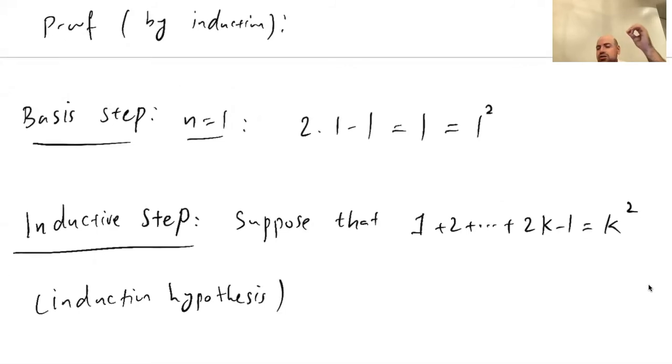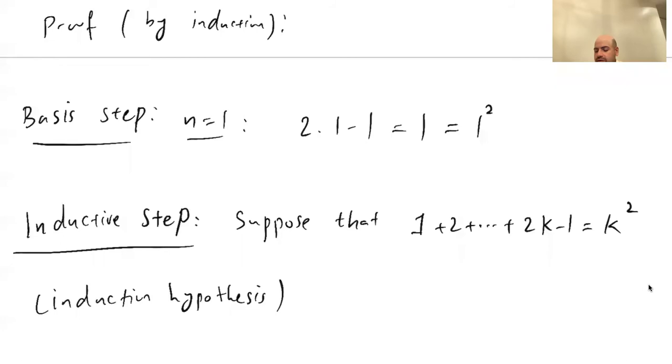Remember, in the induction hypothesis, which is a part of the inductive step, we assume that the statement we want to show or prove holds for n equals k. And then we show that it holds for n equals k plus 1.